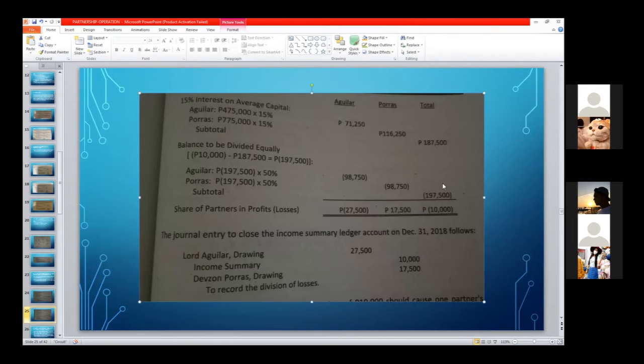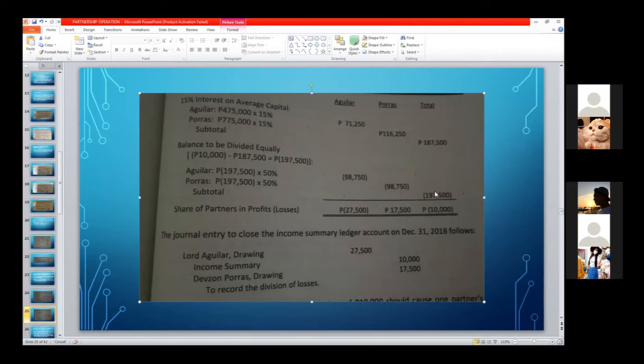Okay, so ito na. Di ba kasi, meron tayong profit. O, dahil profit siya, nung nirecord natin yung profit natin, nasa credit side.